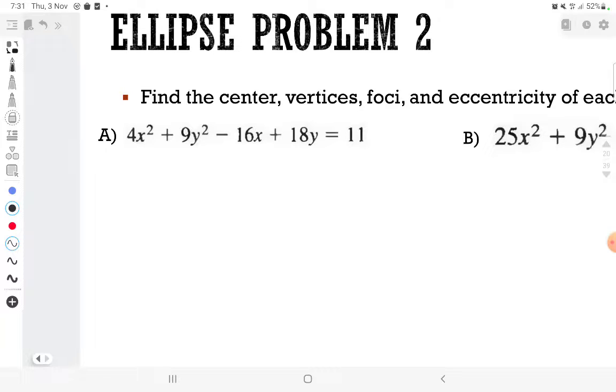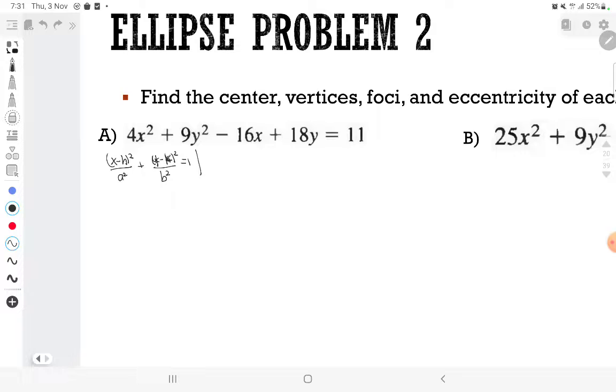In order for us to identify the center, foci, and eccentricity, maybe the best thing to do is to convert this into its standard form. Our standard form for horizontal is (x minus h) squared over a squared plus (y minus k) squared over b squared equals 1.